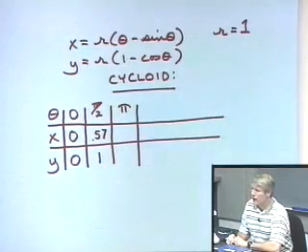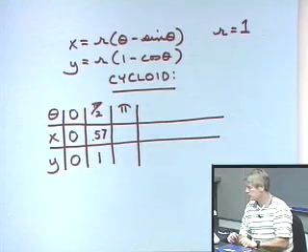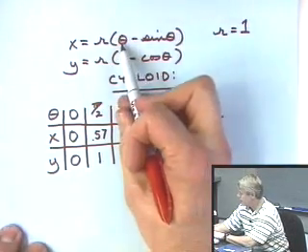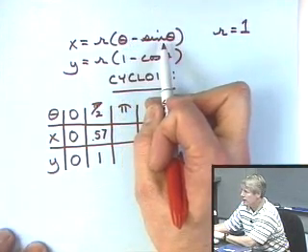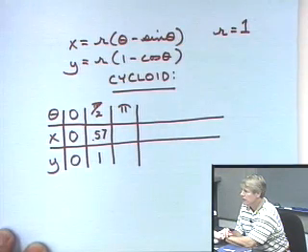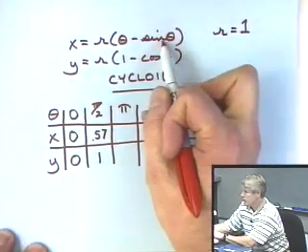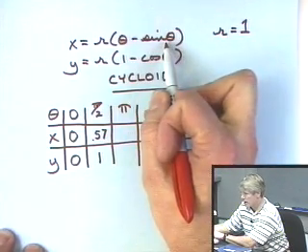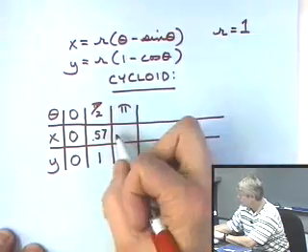If theta is pi, we've rolled through pi radians. That's pi minus the sine of pi. Sine of pi is 0, right? So pi minus 0 is pi. Pi times 1 is pi.